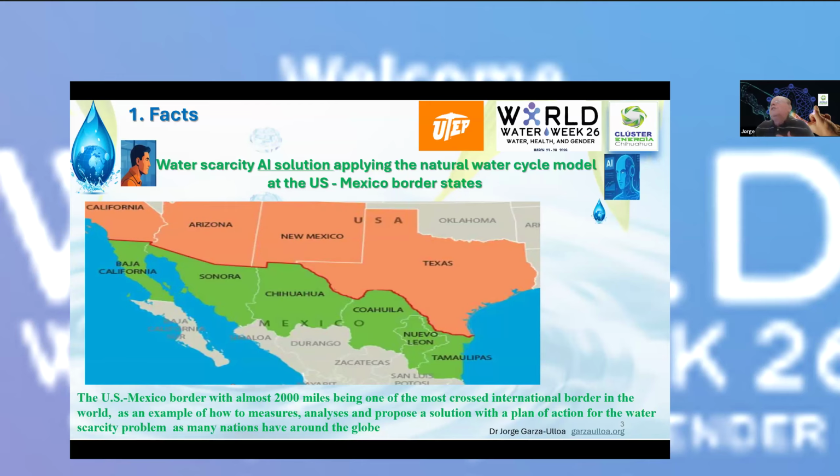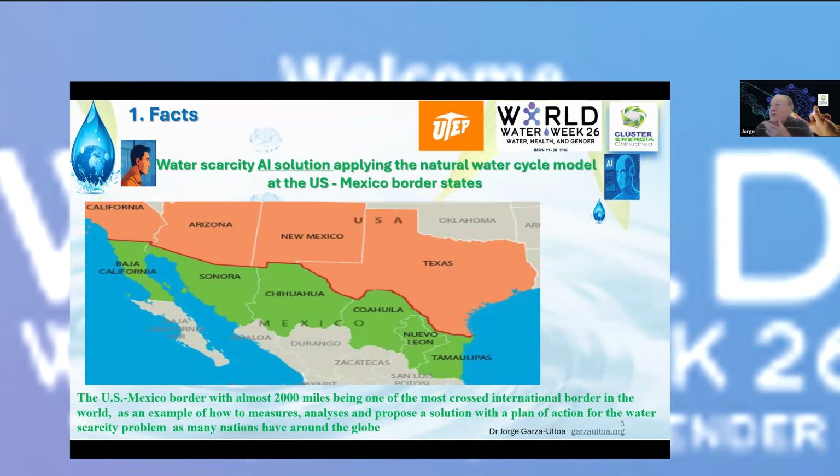If we have to be serious, we need to focus on the U.S.-Mexico border, facing a lot of challenges today. Why? Because we have erratic rainfall. We have shrinking rivers. The temperature is rising.